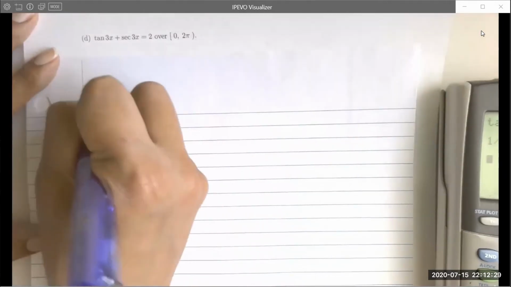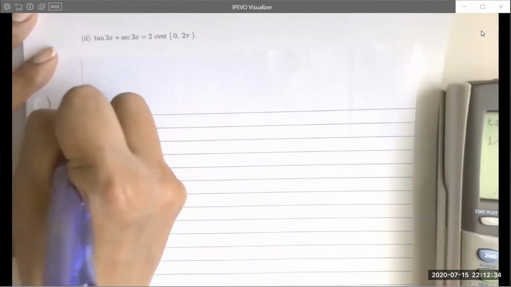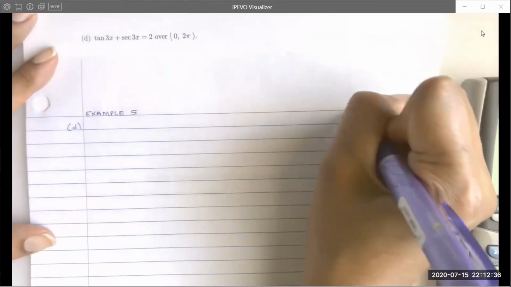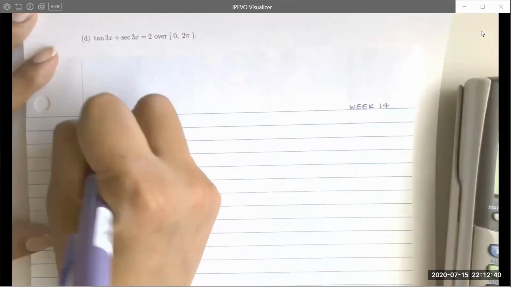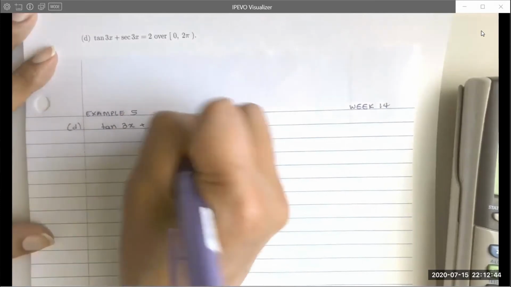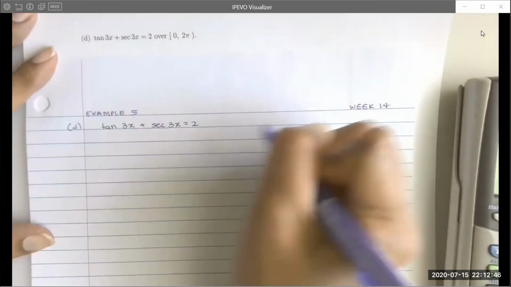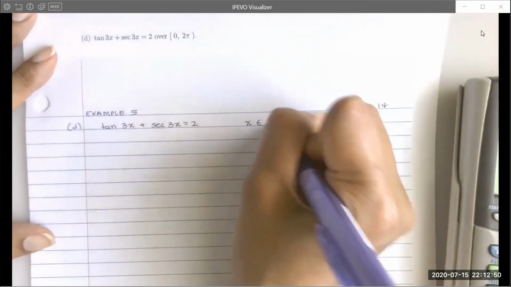Okay, so this is example 5, part D of week 14. Tangent of 3x plus secant of 3x is equal to 2 for x being in the range of 0 to 2 pi.